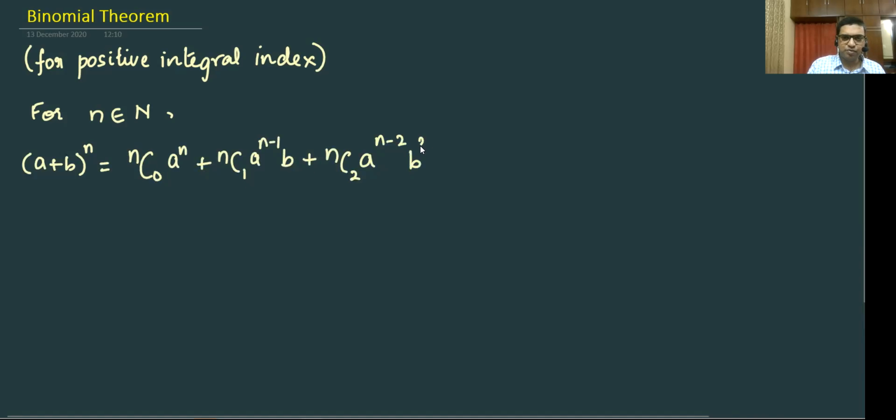minus 2 times b square plus the rth term, or the r plus first term, in fact the general term, ncr a power n minus r b power r, and the last term ncn b power n.